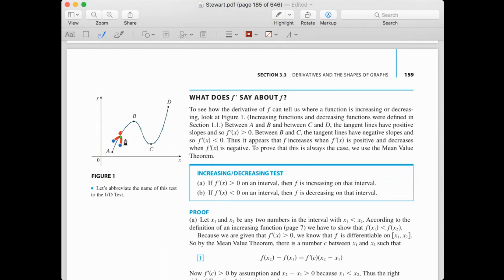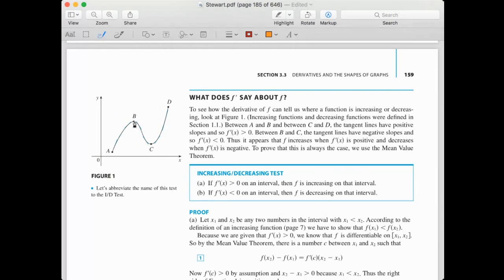When we make an arrow from left to right, it goes upward. That means when the x value gets bigger, the y value also gets bigger. Both variables increase. So the x value and the function value go hand in hand. So the function increases, and the derivative at any point in the interval from a to b is positive.